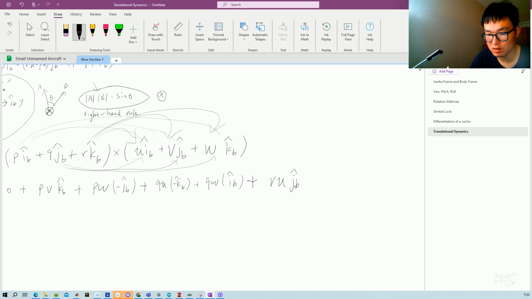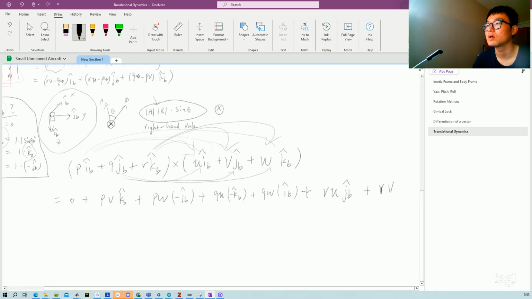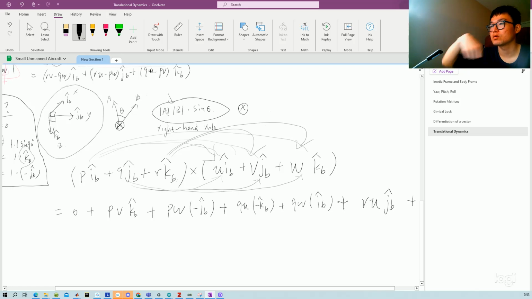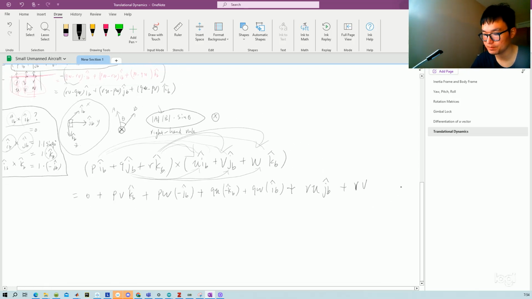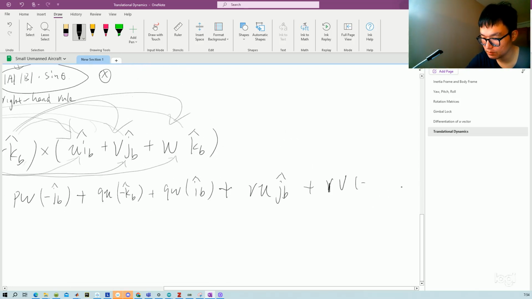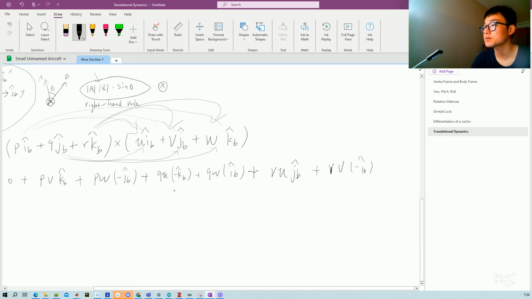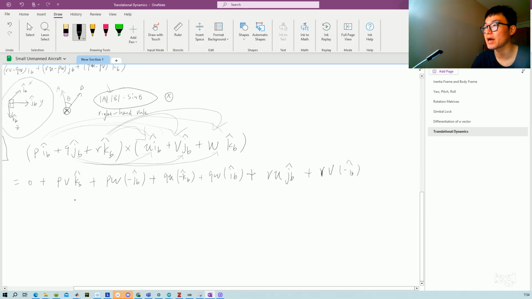Did I miss something? I think I missed the RV part, and RV is KB cross product with JB. Right hand rule, negative IB hat. In this case, let's lump the terms together.